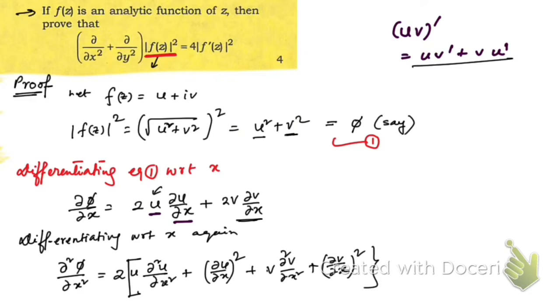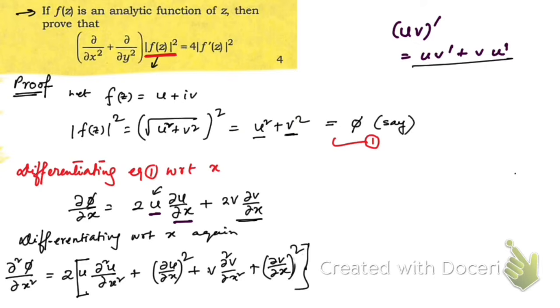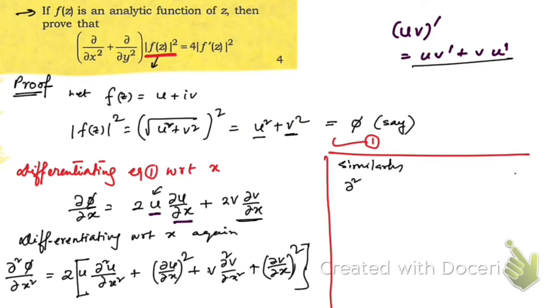Now let me copy these things. So similarly, if we obtain the second order derivative of phi with respect to y, just replace x by y and you get the desired result. Everything is the same, but instead of x we replace x by y. That's it.